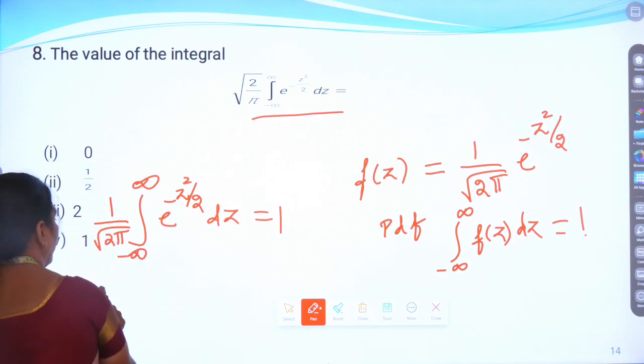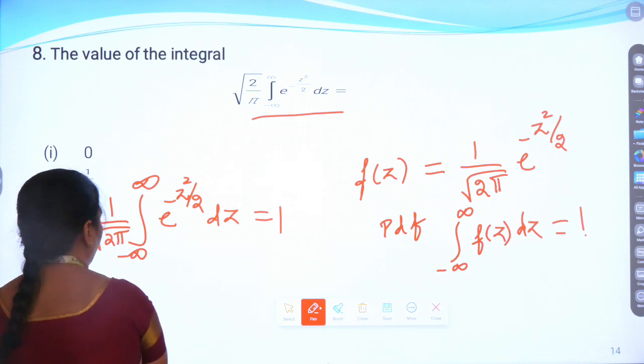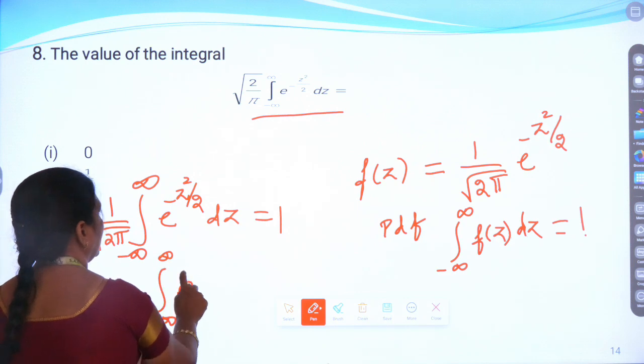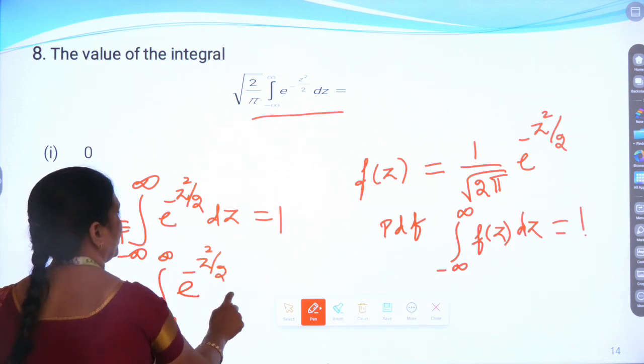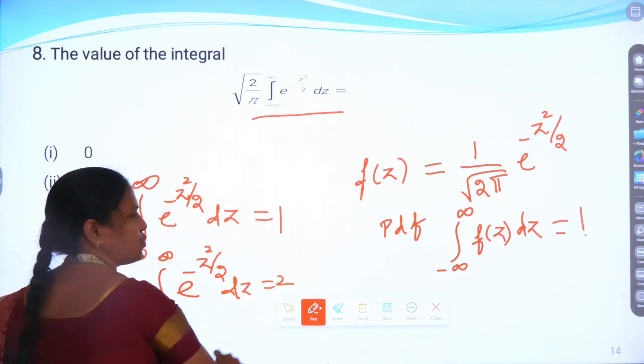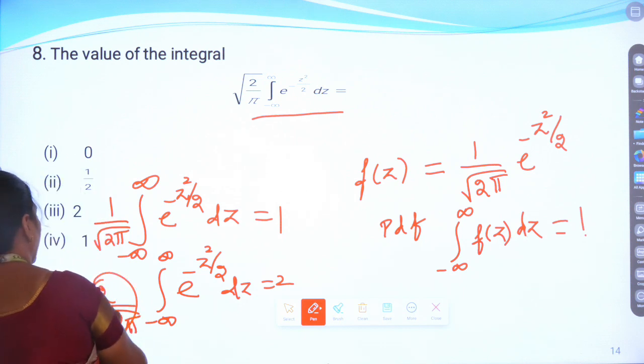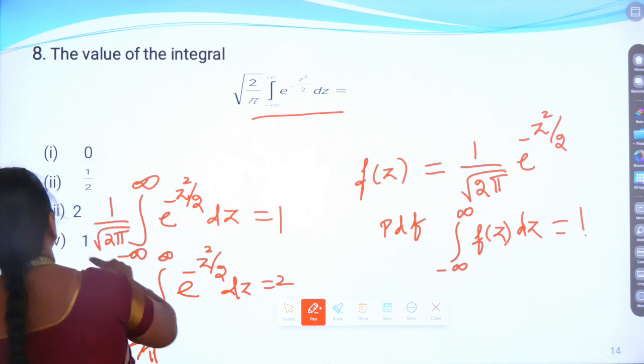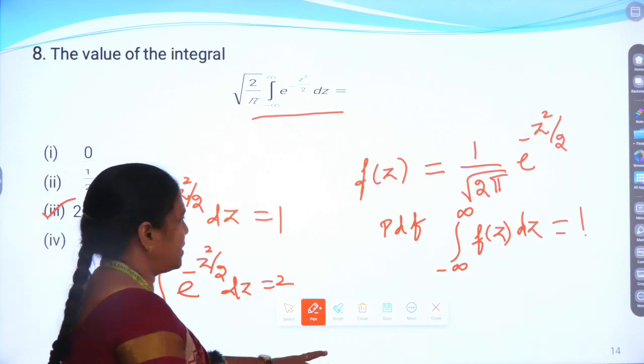We multiply by 2 on both sides and get 2 divided by square root of 2 pi times the integral from minus infinity to plus infinity of e power minus z square by 2 into dz is equal to 2. If you simplify this, the left hand side becomes square root of 2 pi. So the value of this integral is 2. Option 3 is the correct answer.